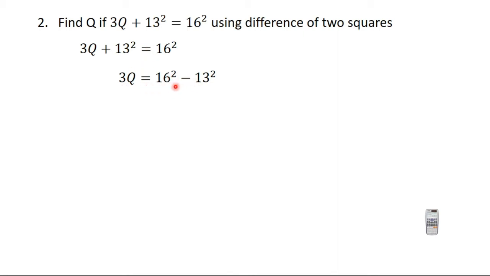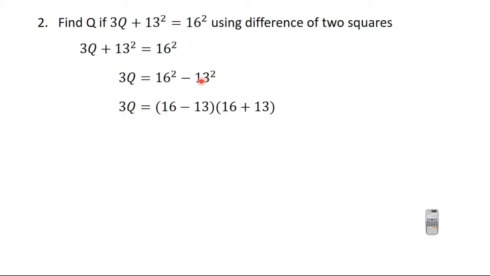Now you can see from the right-hand side that 16 squared minus 13 squared is a difference of two squares. 16 is the first term, it's a square. 13 is the second term, it's also a square. They are separated by a negative sign. So it qualifies as a difference of two squares.